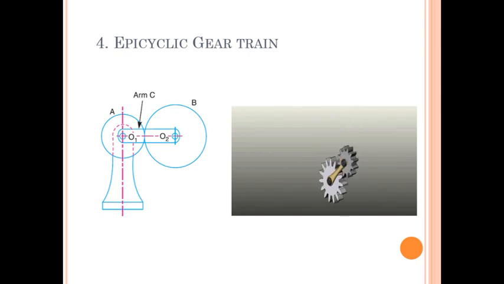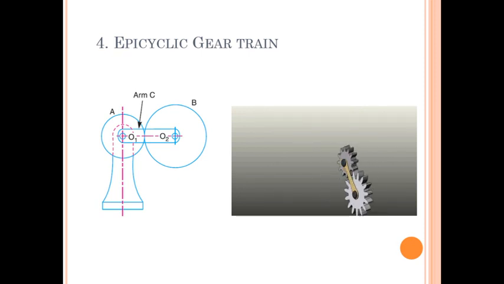such kind of arrangement is there, that is, gear A is in mesh with B, but gear A and gear B are connected by one arm, that is, the two axes of these gears A and B, that is O1 and O2, are connected by one arm.